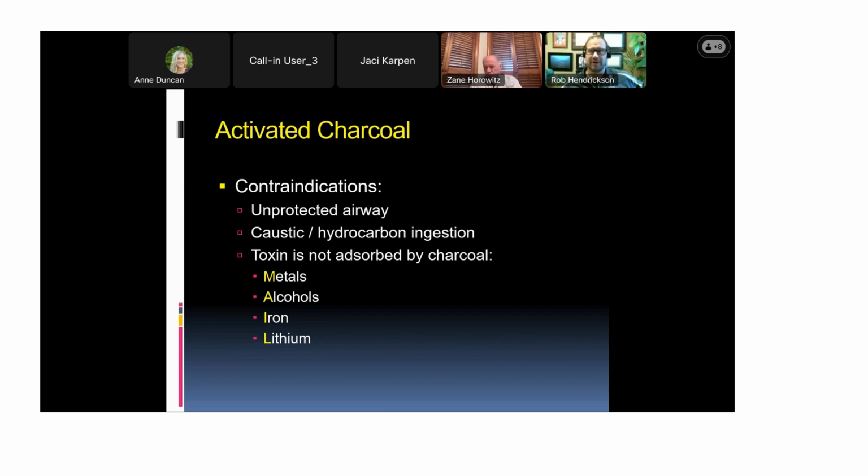So that's one of the few things, we can't say that activated charcoal decreases mortality or anything like that, but we can say, at least in one study, that giving charcoal to people who just took acetaminophen decreases the number of them that will be above the nomogram line. And if they're above the nomogram line, they get admitted and they get IV NAC.